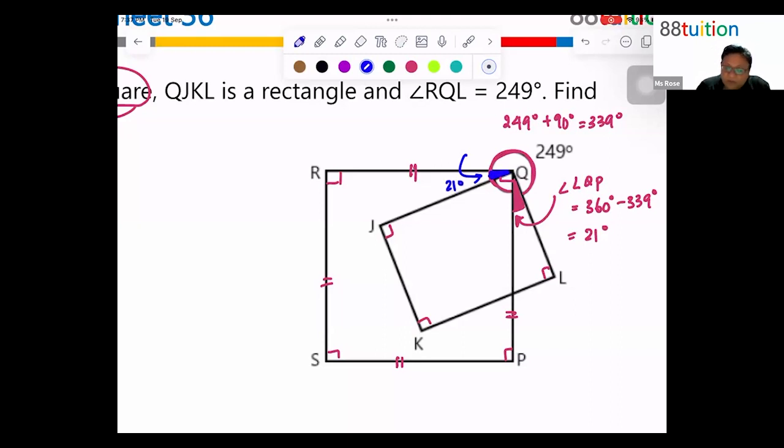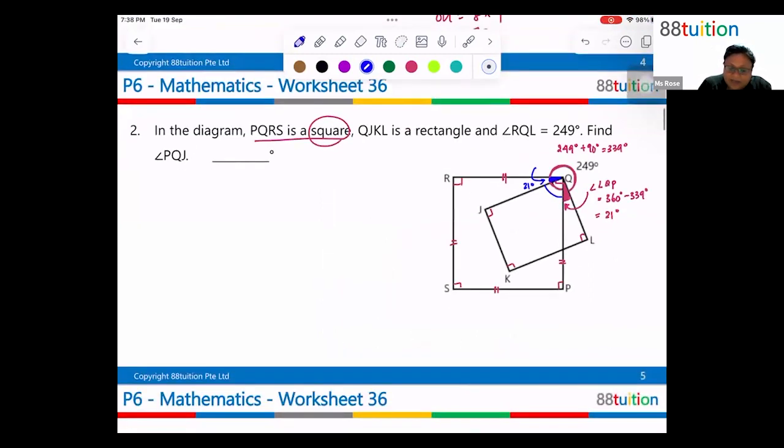So with that, to find this angle, which is angle PQJ, I just have to take one of them, because the total angle is 90 minus 21 to give me 69. Okay, so that's what we have. All right. Questions, anyone?